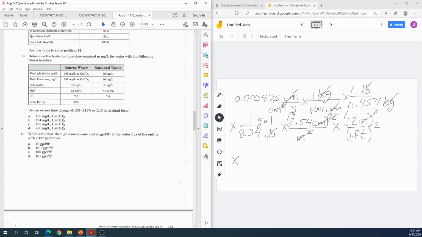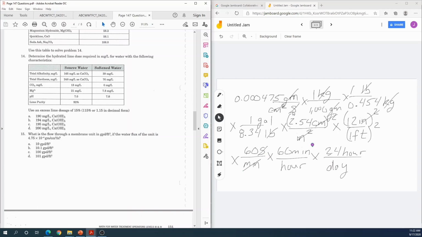We know that in 60 seconds, there's 1 minute. And in 60 minutes, there's 1 hour. And in 24 hours, there is 1 day. So seconds on bottom is going to cancel our seconds.